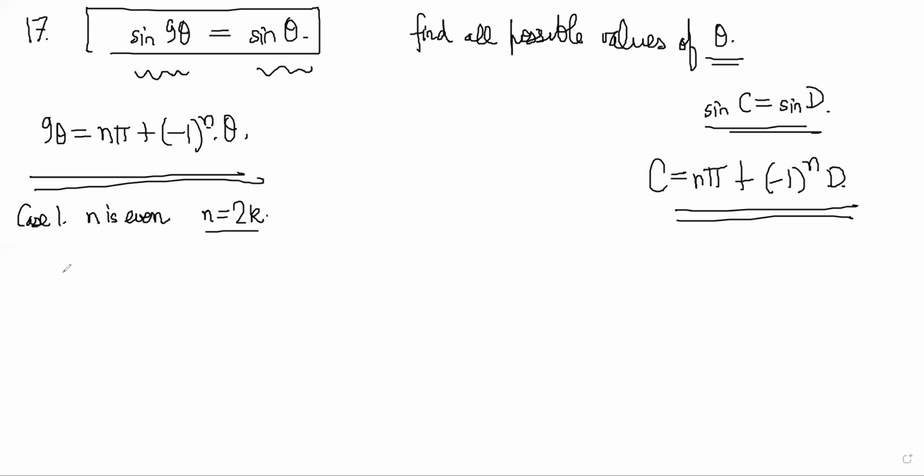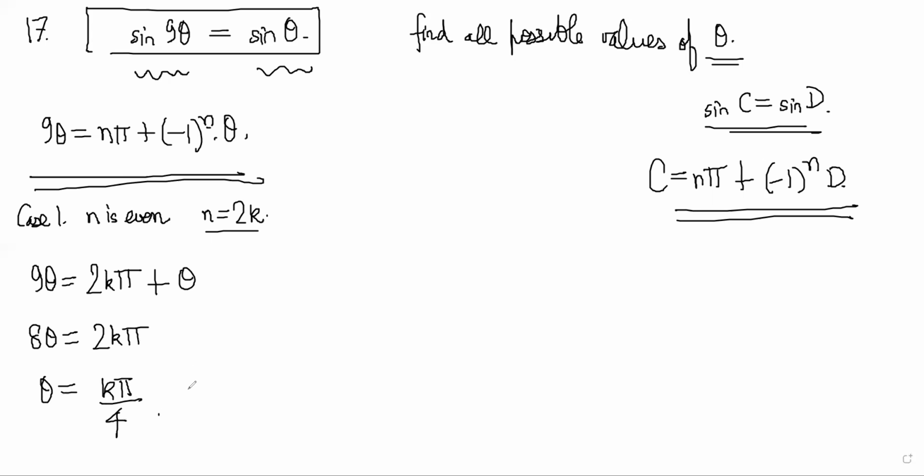So you will get 9 theta is equal to 2k pi plus theta. So 8 theta is equal to 2k pi, so theta is k pi by 4, where k is any integer.